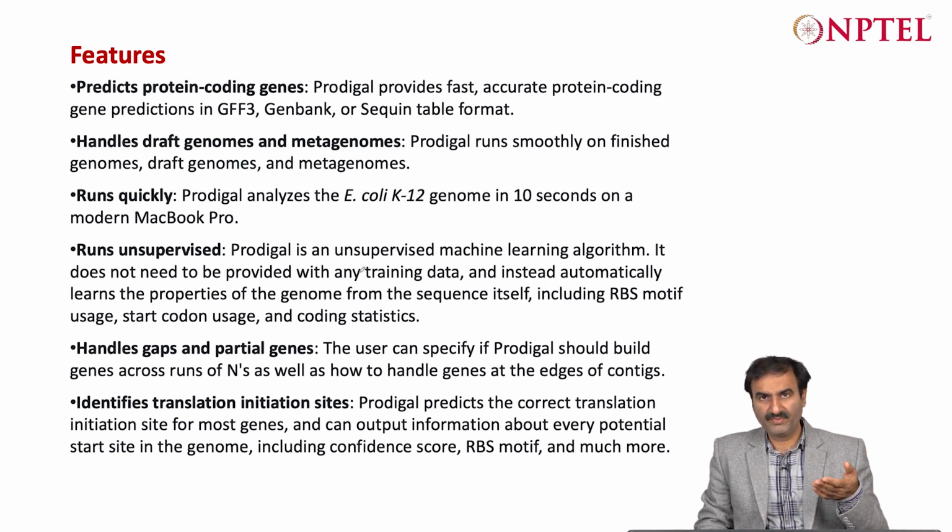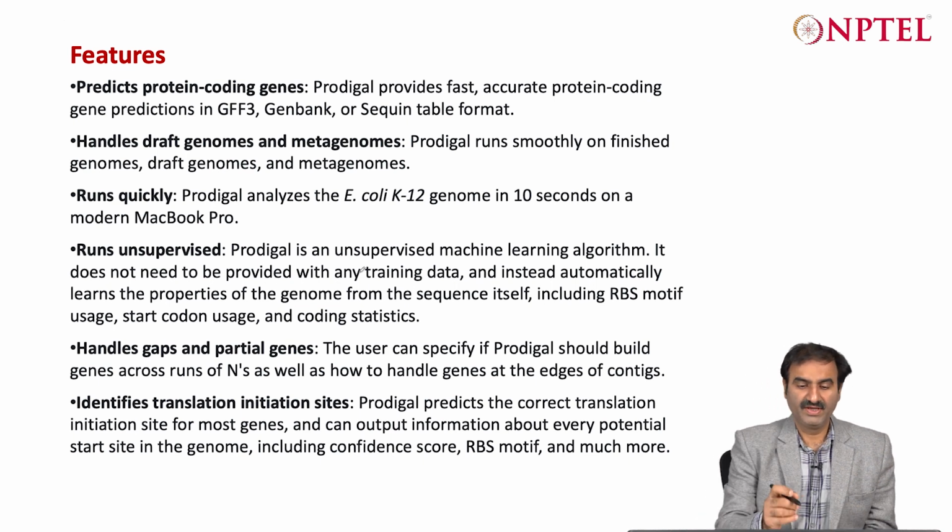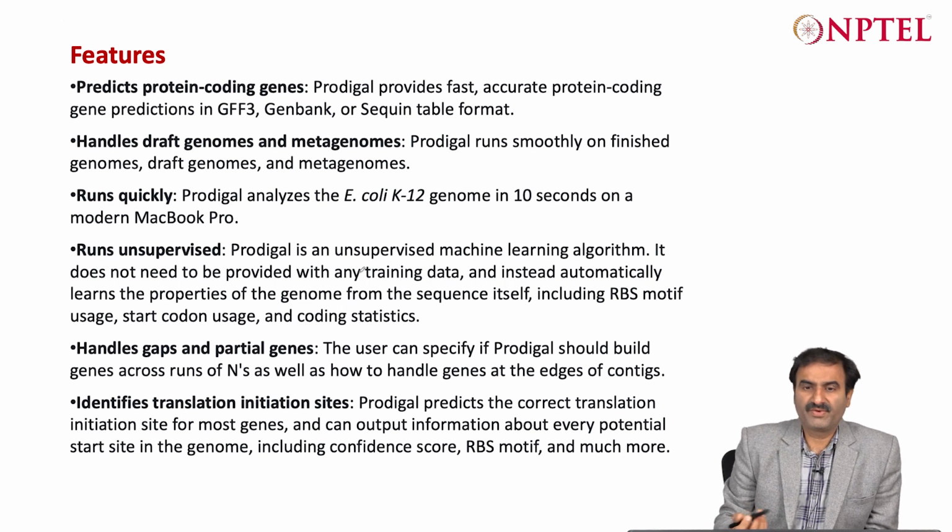And after installing, it is doing a lot of jobs for your submitted sequence, that is predicting the protein coding genes, okay, including the GFF format, GenBank format, or also the protein files, or the amino acid and nucleotide files for the genes. It can do it for draft genomes or metagenomes, even partial genomes can be given.